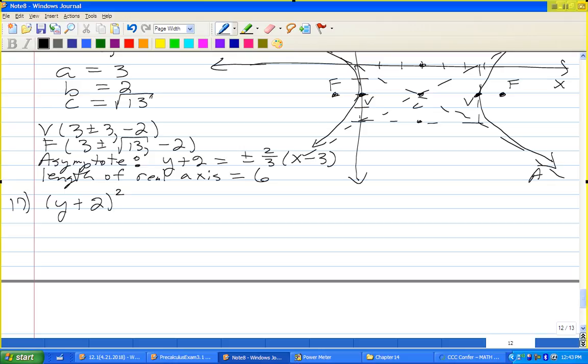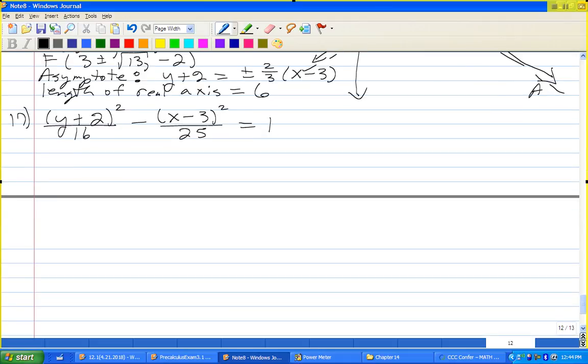y plus 2 squared over 16, x minus 3 squared over 25 equals 1. So the center of this hyperbola is 3, negative 2. A is 4.